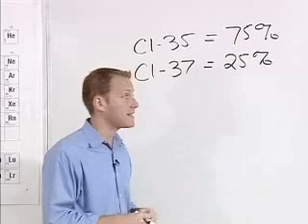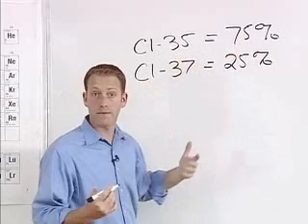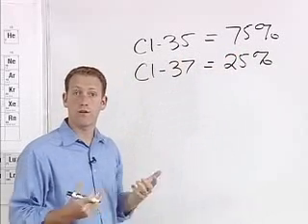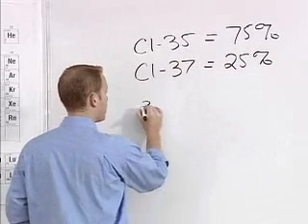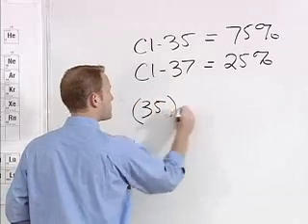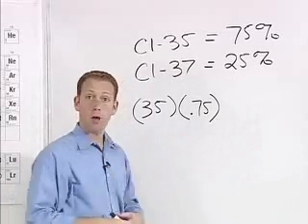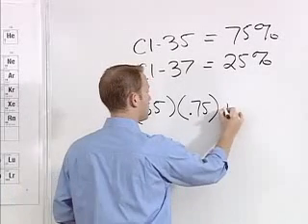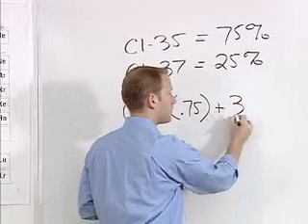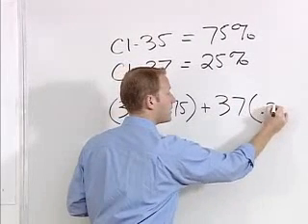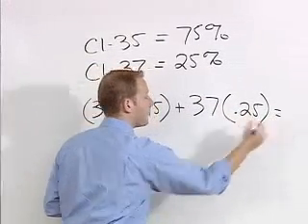So now we're going to do this one together. 35 times 75%, move the decimal point over, is 0.75. So we have 35 times 0.75 plus 37 times 0.25.